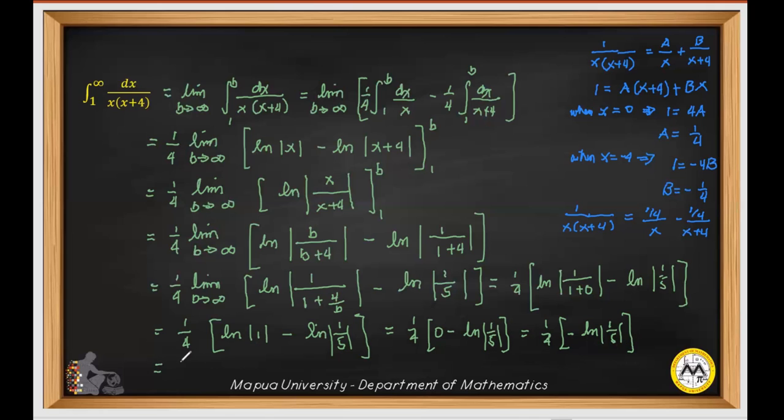Therefore, the integral is equal to 1 over 4 times the natural logarithm of 5. And we can now say that the given integral, the integral of the differential of x over x times x plus 4 from 1 to positive infinity, is again convergent since the limit exists. So this is convergent.